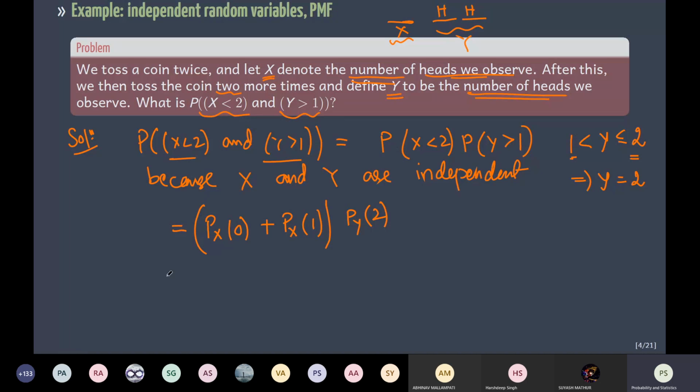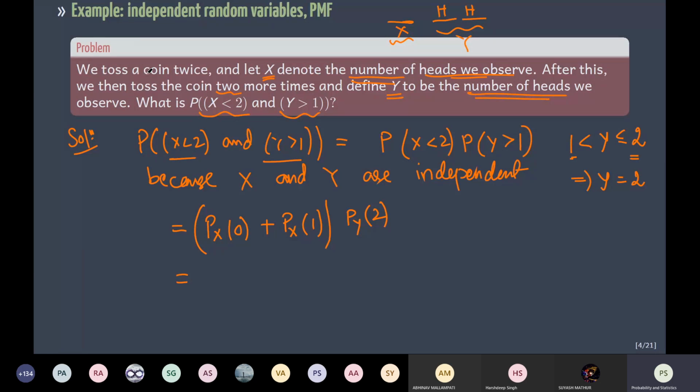So now we know that we can compute the probability that x equals 0. I think we are missing something here, right?